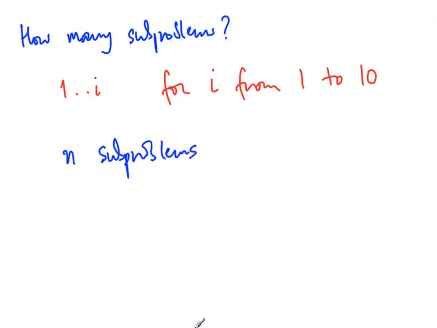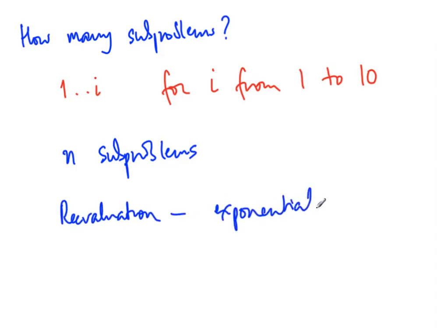And the problem with the recursive formulation is that we may reevaluate several of these, and in the process we end up in general computing an exponential number of subproblems, right? And this is what we want to avoid.